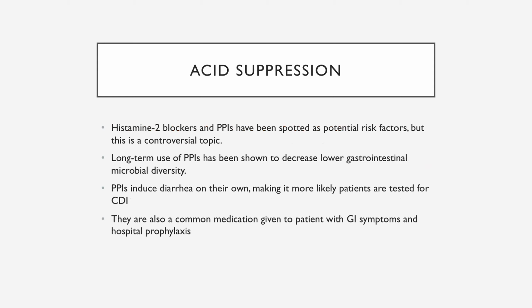So I mentioned acid suppression as a risk factor earlier. This is kind of a controversial topic in the literature. There really isn't hard evidence showing that PPIs or H2 blockers increase the risk of CDI or increase the risk of recurrence, but it correlates so well that people seem to think that it is a contributing factor.